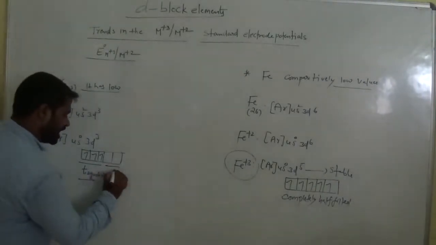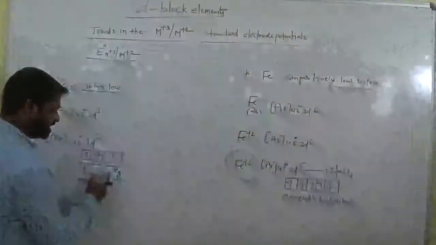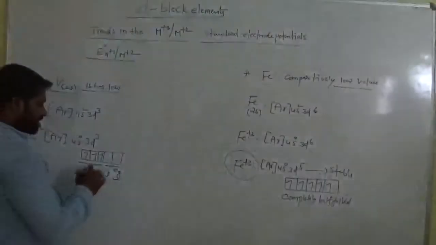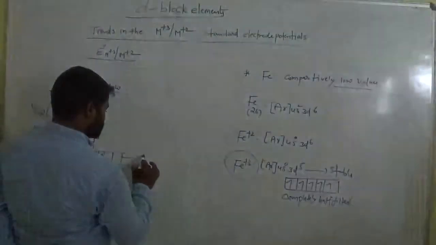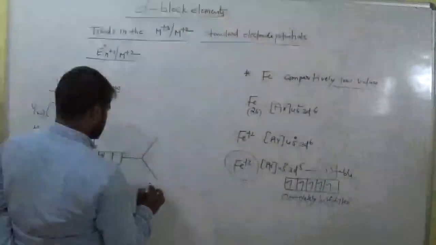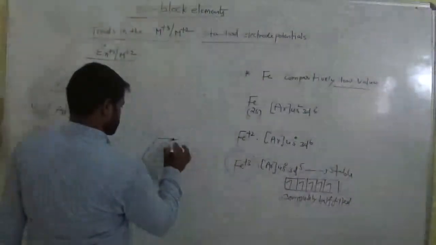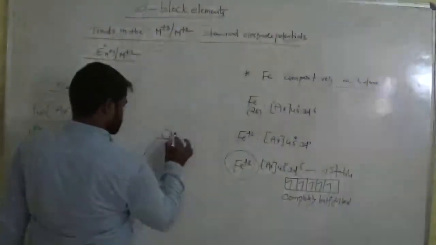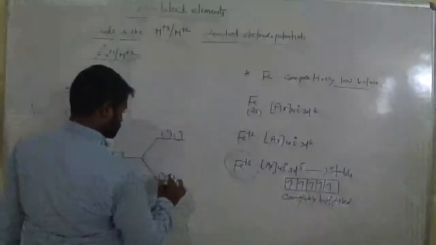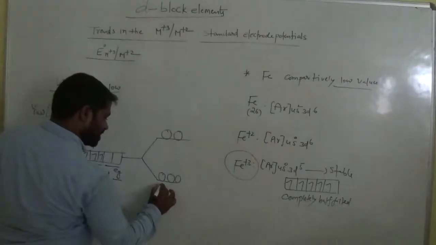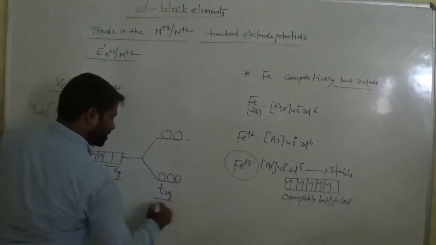These two are called eg orbitals. Okay, so these 3 out of 5 d orbitals are called T2g orbitals.